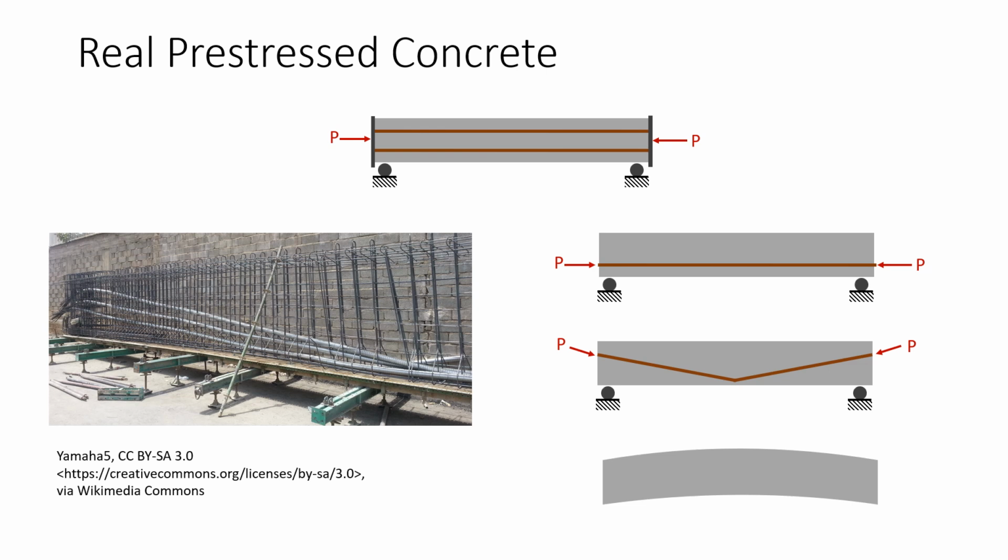For example, the steel cables can be included only at the bottom of the beam, or they can have a complex distribution that causes the beam to actually bend upwards when no external stresses are applied. This upward bend is exaggerated in the image, and in reality is probably not something you would notice visually, but does have a large impact on the mechanics of how much weight the beam can support.